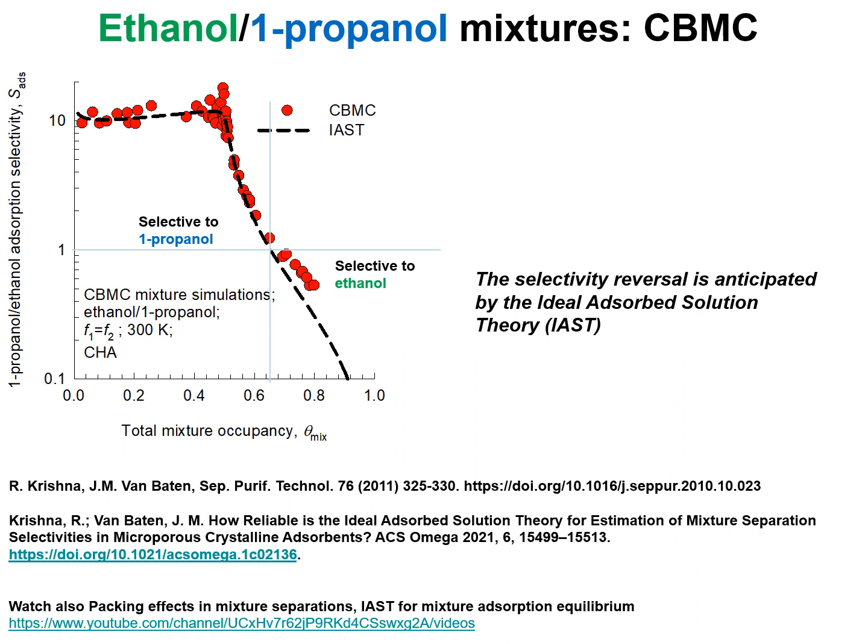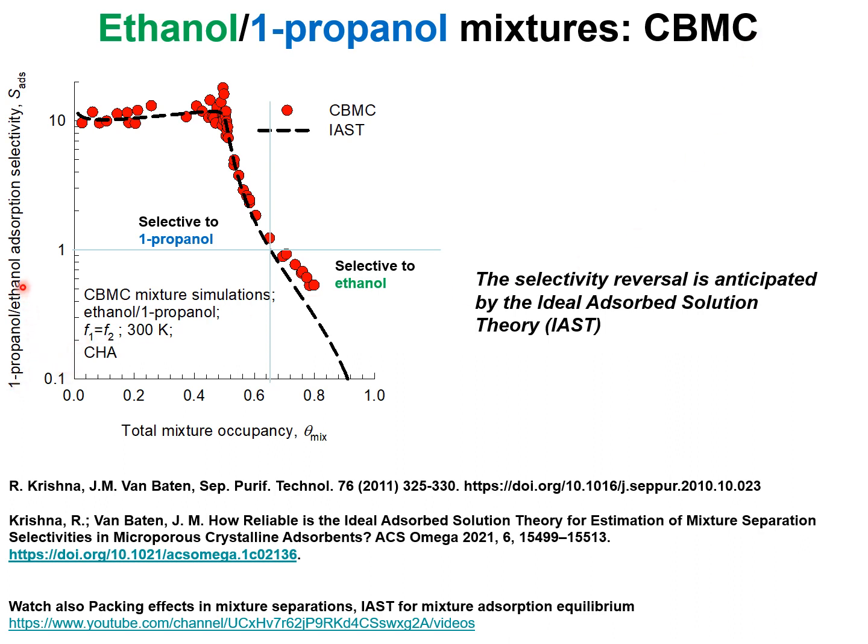For adsorption of mixtures of ethanol and 1-propanol with partial fugacities that are equal to one another in the bulk fluid mixture, the adsorption selectivity of 1-propanol to ethanol was determined from the equilibrium data determined from configurational-bias Monte Carlo simulations.